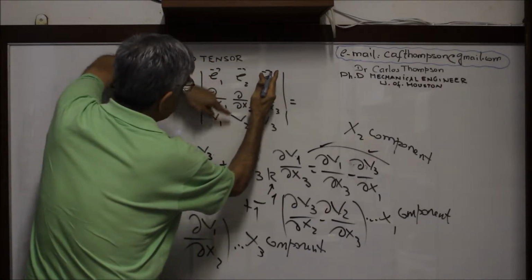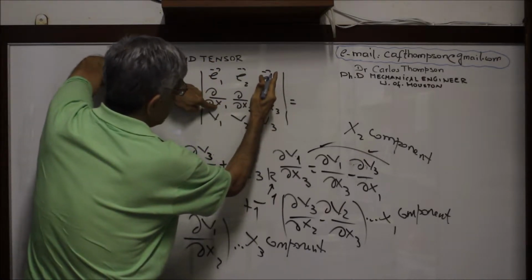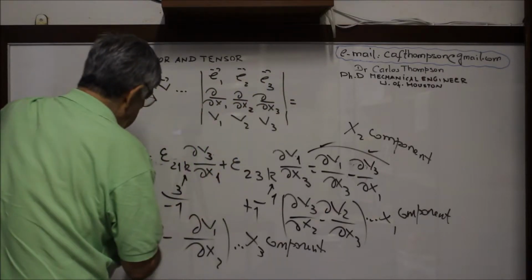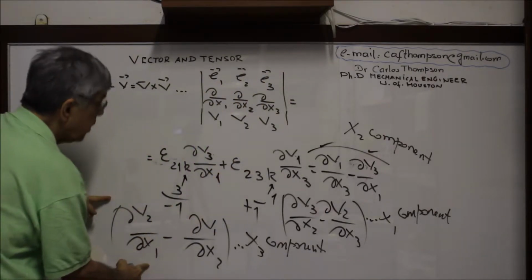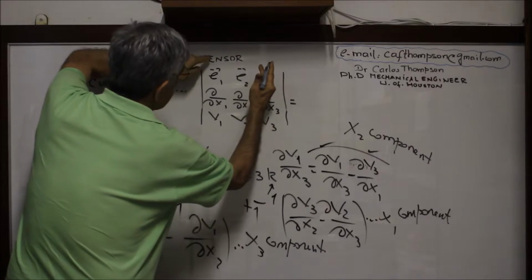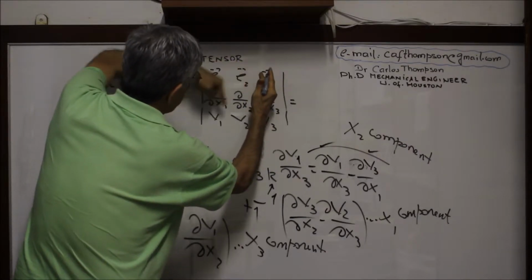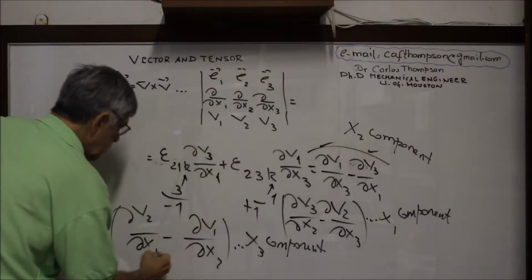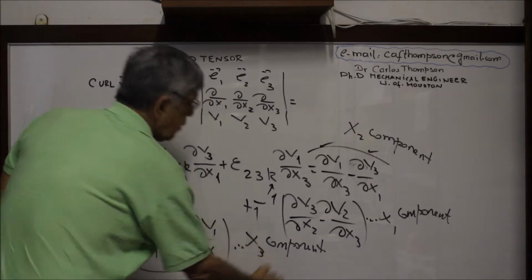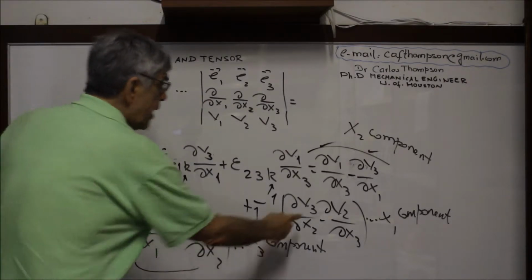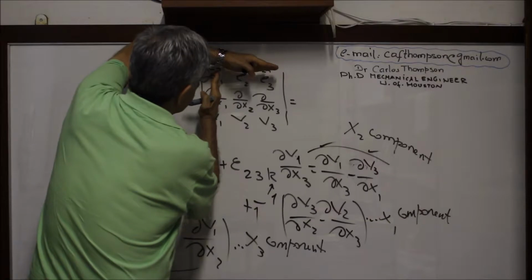For the e3 component, you see, partial of v2 with respect to x1, minus partial v1 with respect to x2. So this is the x3 component. The x1 component, you just cross here.